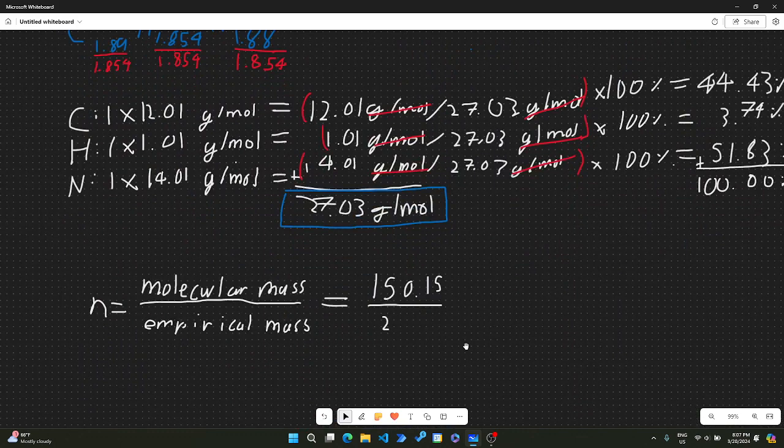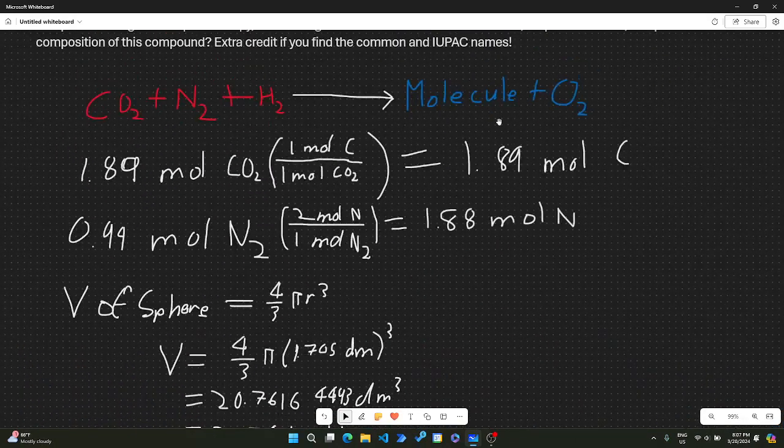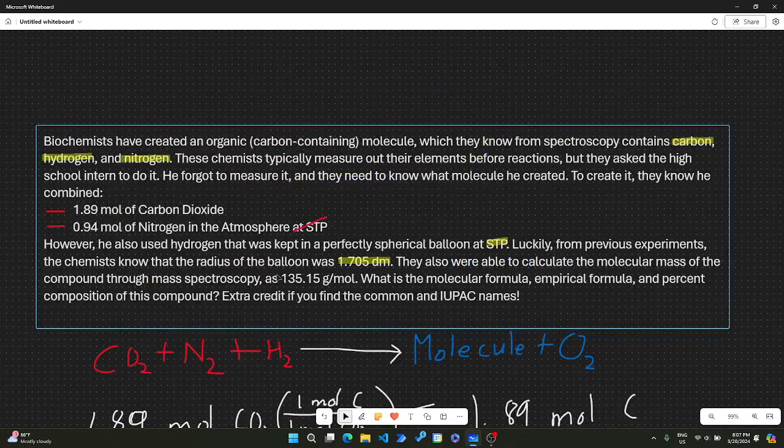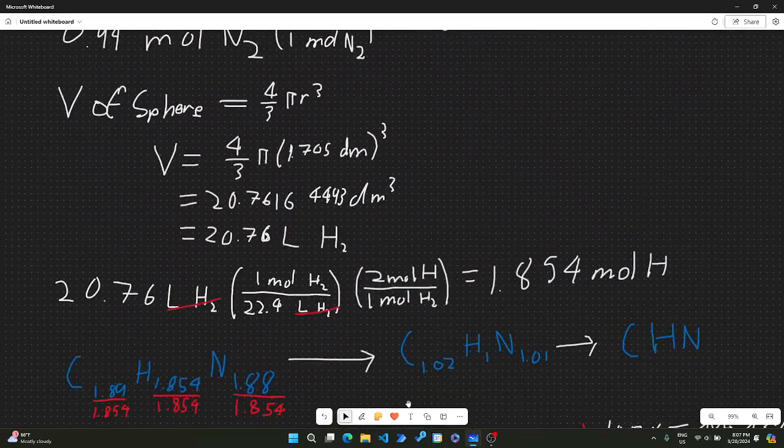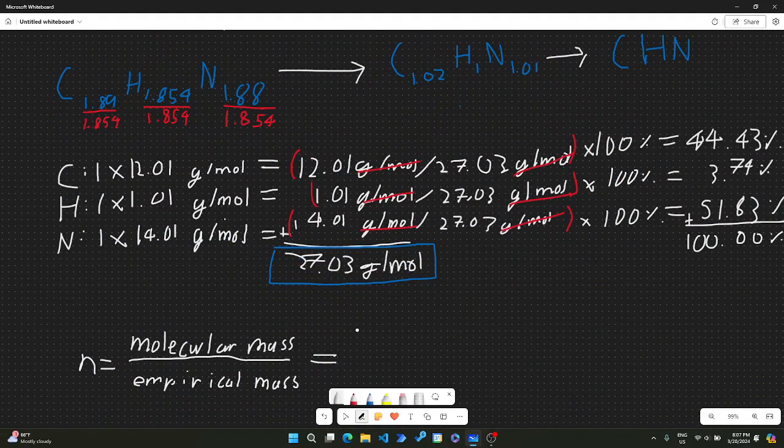Okay, what is going on right now? Okay, right. Sorry, my bad. This is 135.15 grams per mole. And this is going to be over an empirical mass of 27.03 grams per mole. And you can see that the units cancel out, and this is just a number.